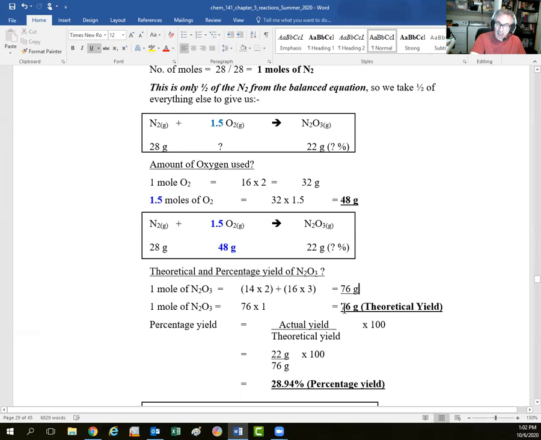That's our target, our theoretical yield. And so the actual that we were told about, 22 at the beginning of the question, divided by the theoretical, comes to just 28.94%. 22 grams is 28.9% of the 76 grams we expect to produce.